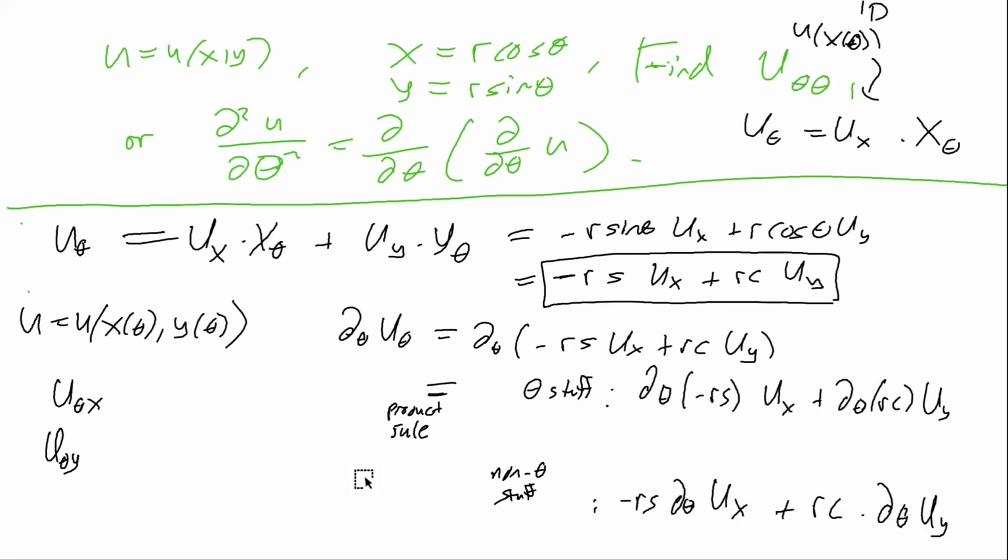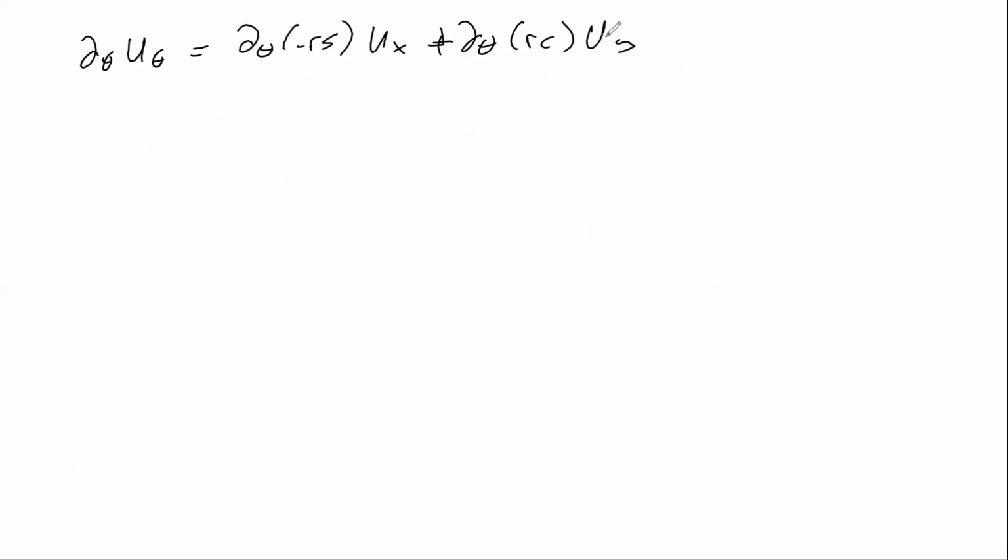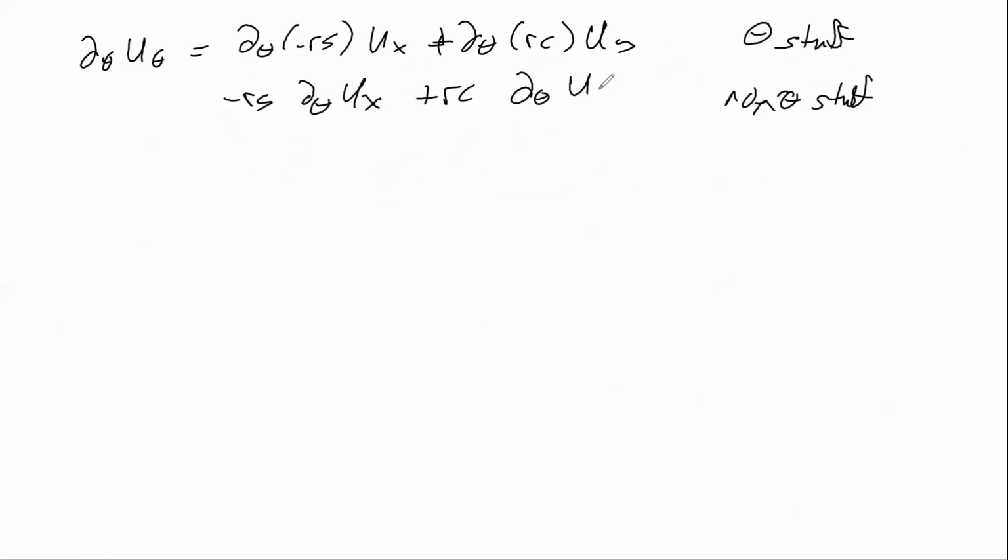Okay, let me not make technology more complicated than it has to be. So I'm just going to rewrite this. Partial theta u theta equals this stuff. So this is all the theta stuff. And then finally we have the non-theta stuff, which looks like minus rs theta derivative of ux plus rc theta derivative of uy.